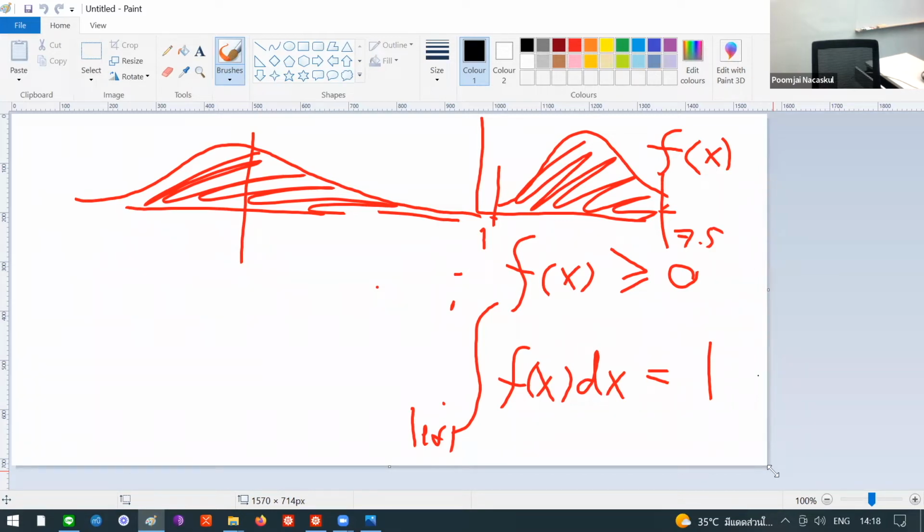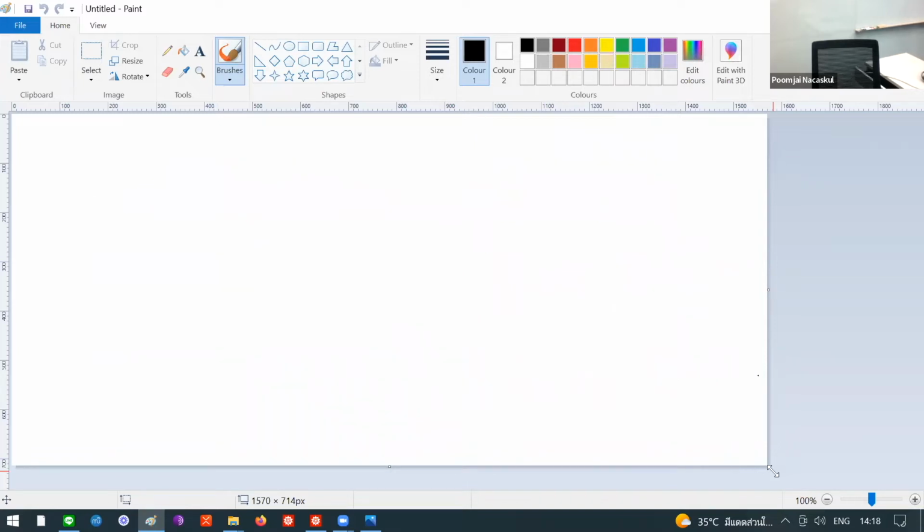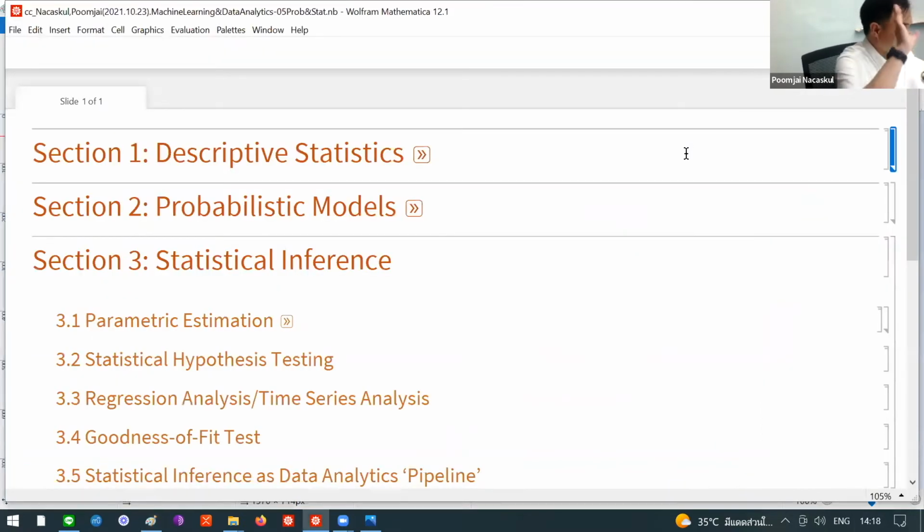So keep this in mind. Now, have that tucked in the back of your mind, okay? The concept that you have something that's non-negative and you add the area and it's 1.